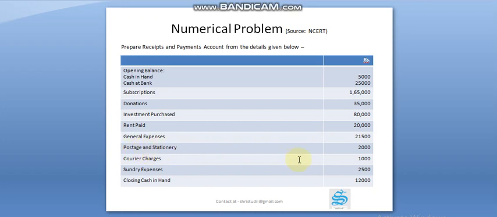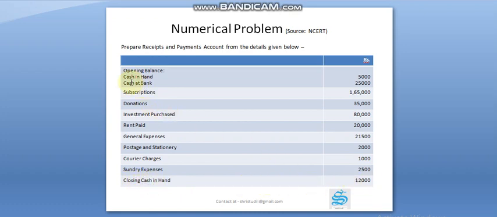Postage and stationery purchased is of rupees 2,000. The courier charges paid is of rupees 1,000. The other sundry expenses are of rupees 2,500 and the closing balance of cash in hand is rupees 12,000.